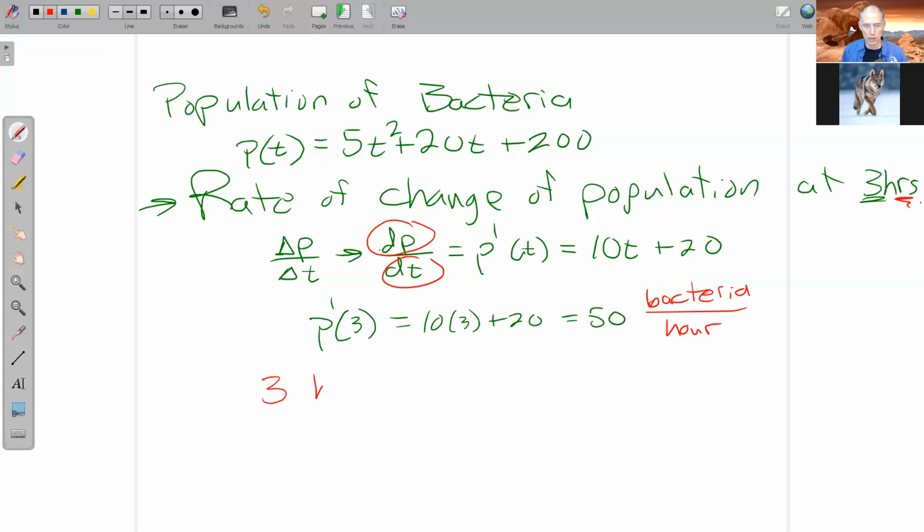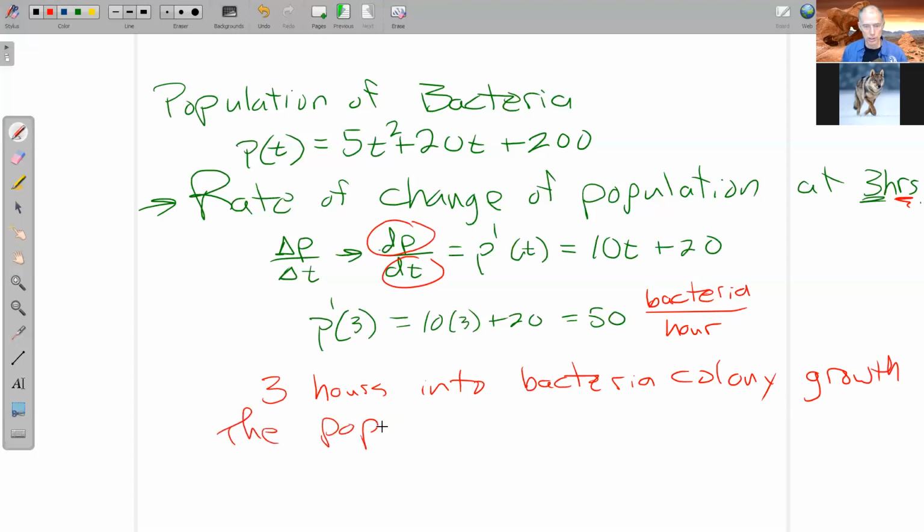So 3 hours into bacteria colony growth, the population is, now I don't want to just say change because that's a positive number, so I would say increasing by 50 bacteria per hour.